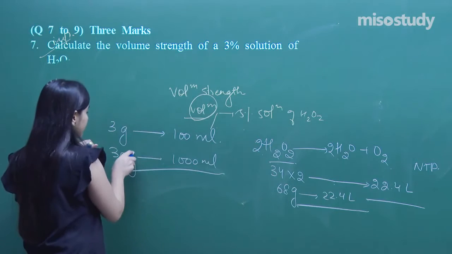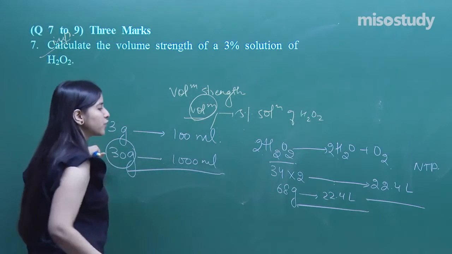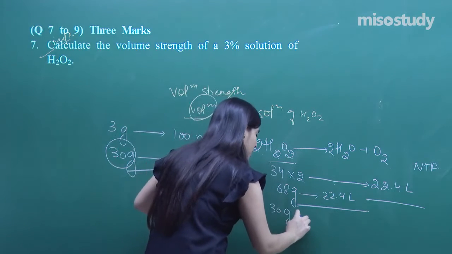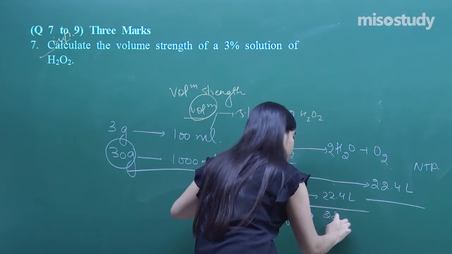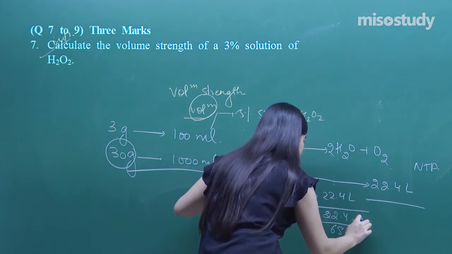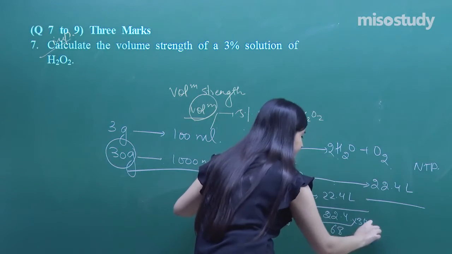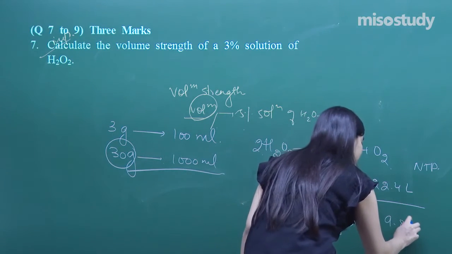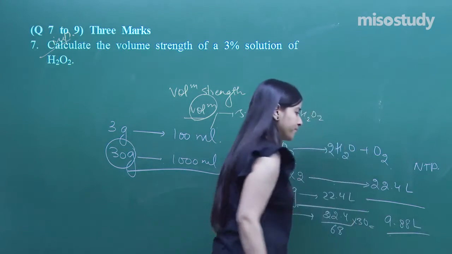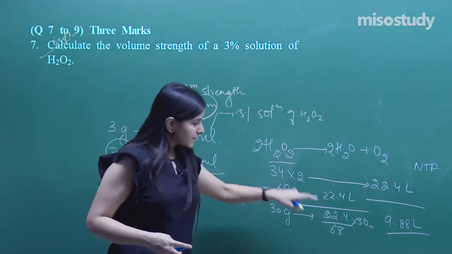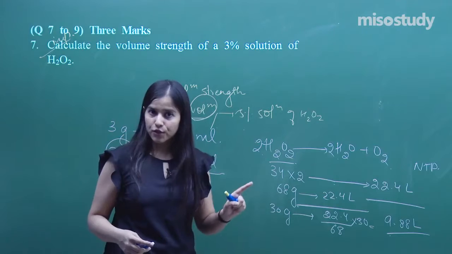See here, so 30 grams will correspond to how much? Let us find out. 30 grams will correspond to 22.4 liters by 68 into 30. Now what do we get over here is 9.88 liters, approximate value, and that is per liter of the solution.